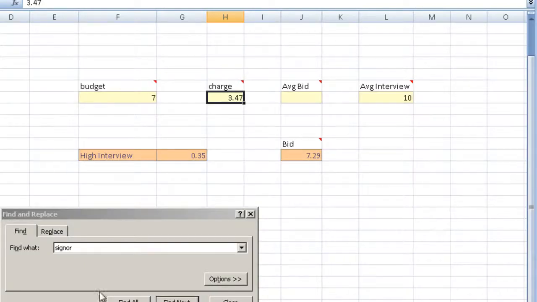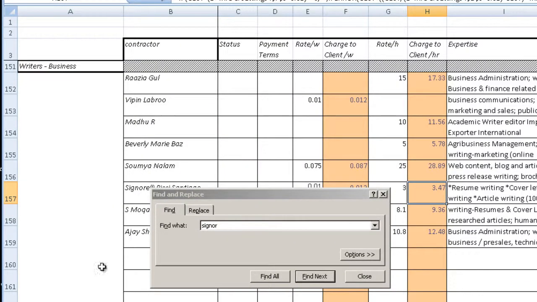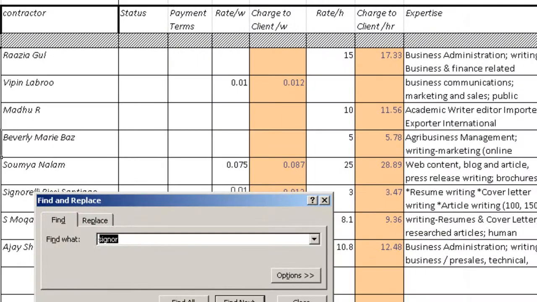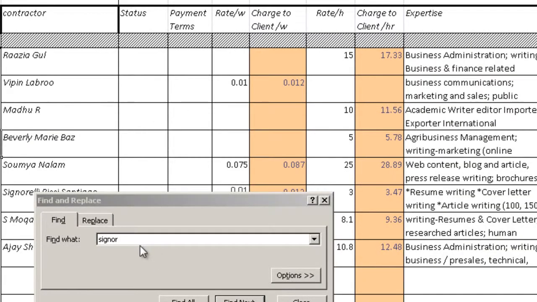So let me see if I can find another contractor that fits that description. See, it's a job for resume, so let me look up some contractors that are good with resumes.